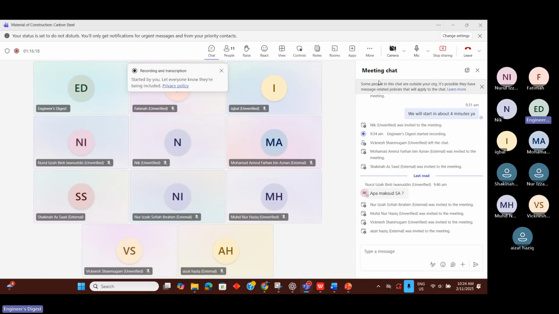And then client akan review dan client akan bagi jawapan sama ada client agree untuk change the material, or client will jawab yang to stick with the material dengan client punya own answer kenapa.